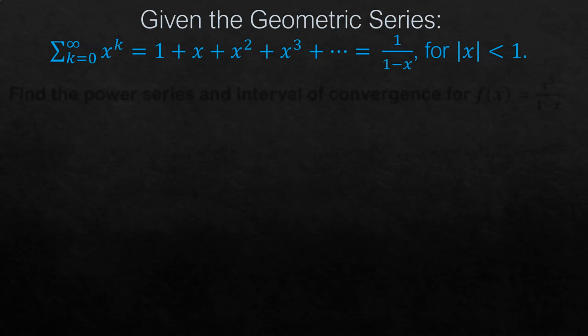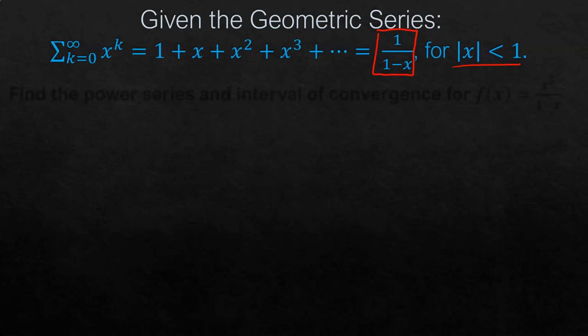This series converges to 1 over 1 minus x for values of x where the absolute value of x is less than 1, right? So this is the condition.